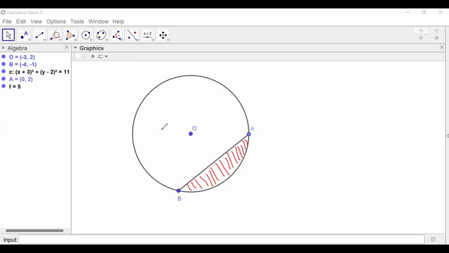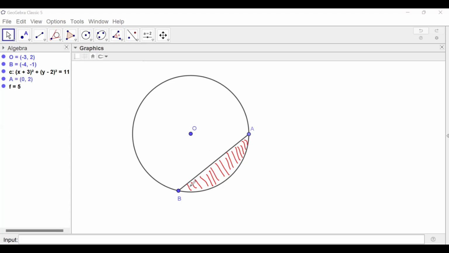And then this part that is unshaded, the larger part of the circle that is cut off by chord AB, is called the major segment. So the chord actually divides this whole circle into two segments.